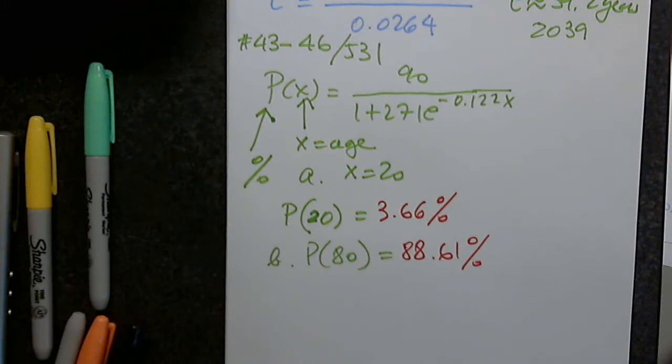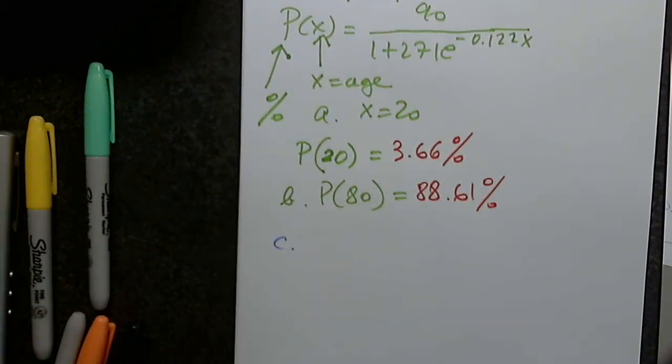Okay, so now the last two questions here. At what age is the percentage of some coronary heart disease 50%? What do I have to do now? Go back to your table.